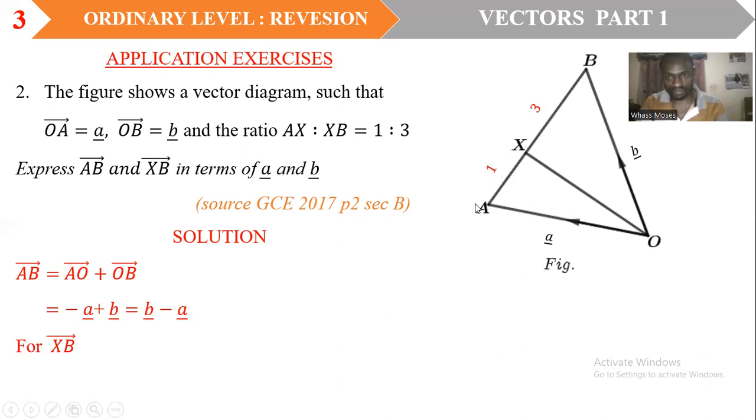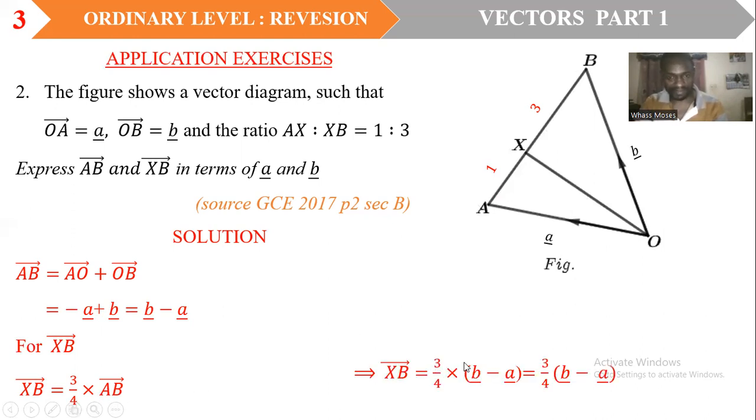Using the key concept we have just learned above, XB will be given by the proportional part, 3 over the sum of the ratio, 1 plus 3, which is 4, times the whole vector AB. That is why you have 3 over 4 times AB.